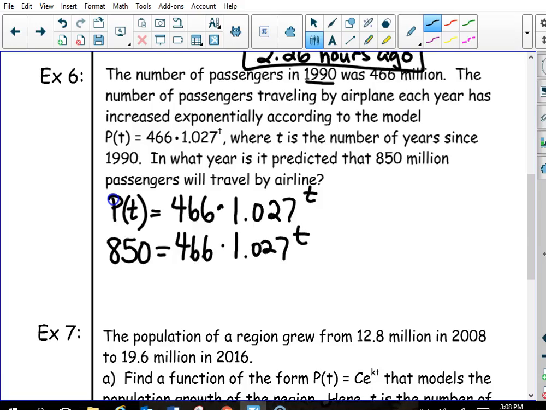All right, first thing we're going to do is divide both sides by 466. And I've said this before, one thing I've learned about these equations is to not get intermediate decimal amounts. It throws everything off by a lot by the time you get to the final calculation if you get intermediate rounded numbers.